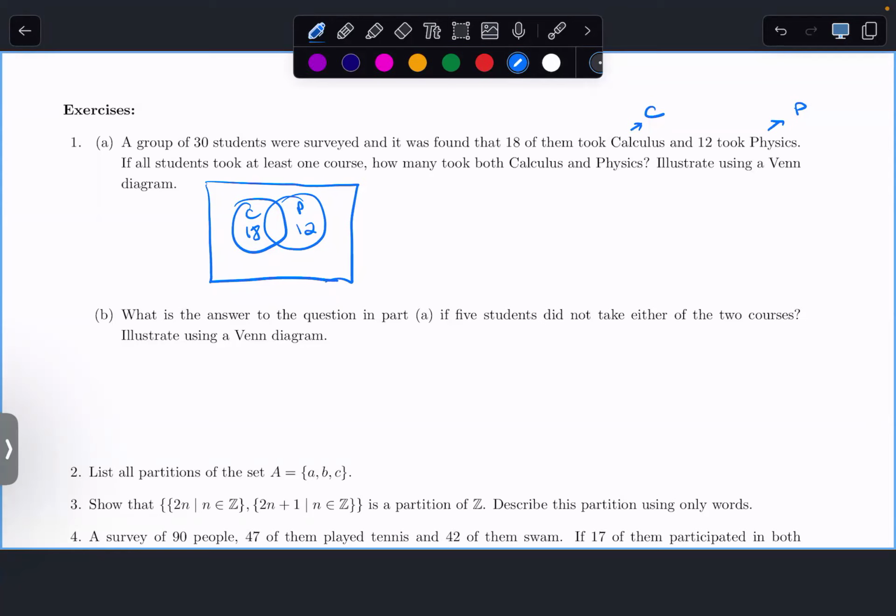No. 18 plus 12 gets me to 30. So since 18 plus 12 equals 30, no students took both.